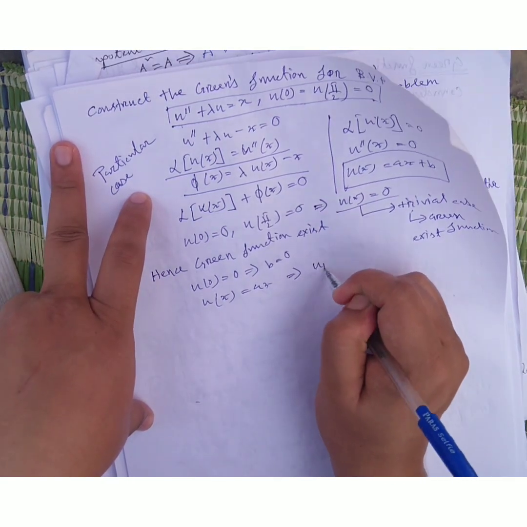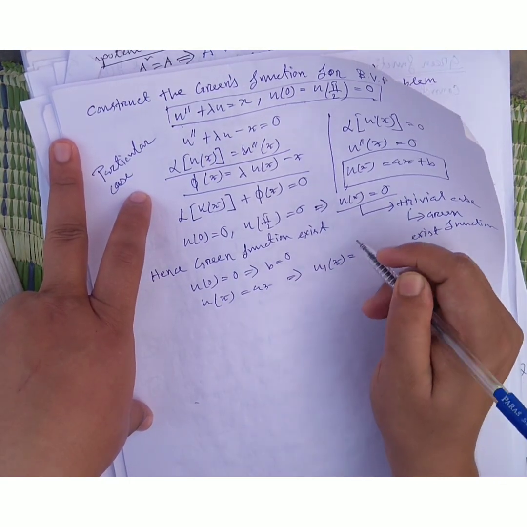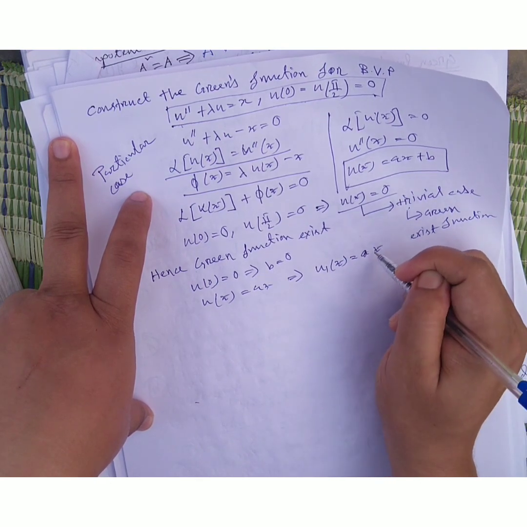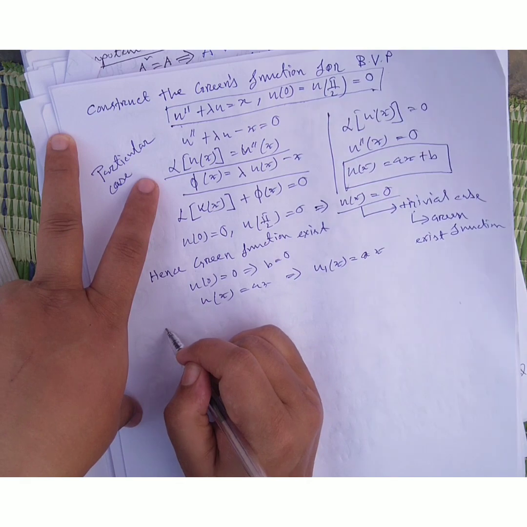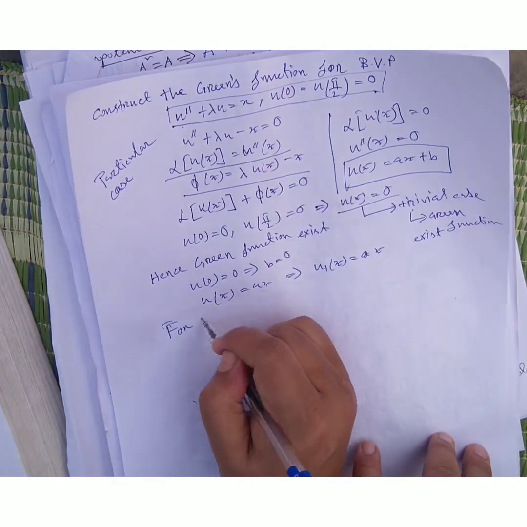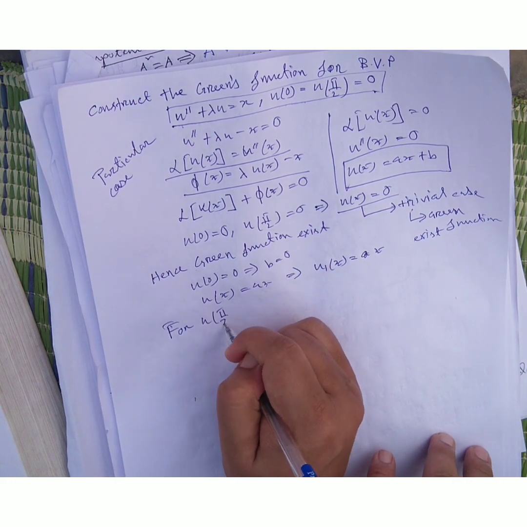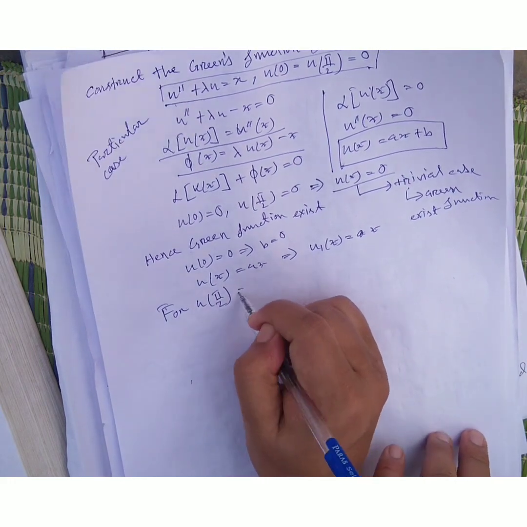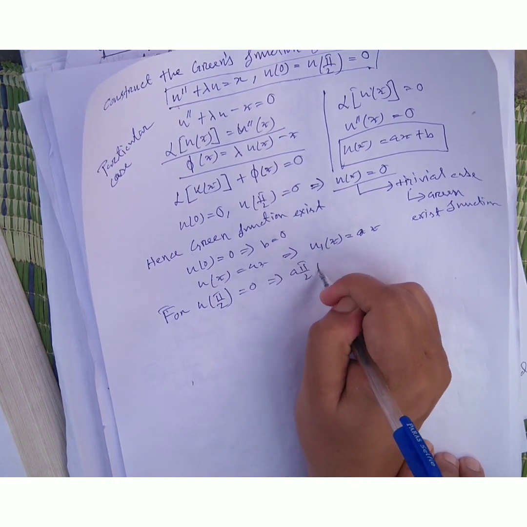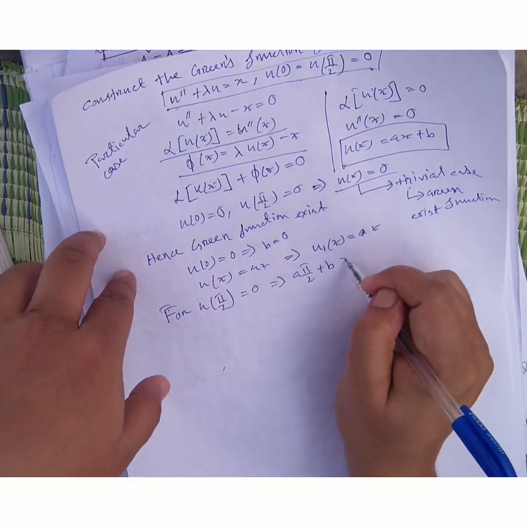Another condition, u pi by 2 is equal to 0, gives a pi by 2 plus b is equal to 0.